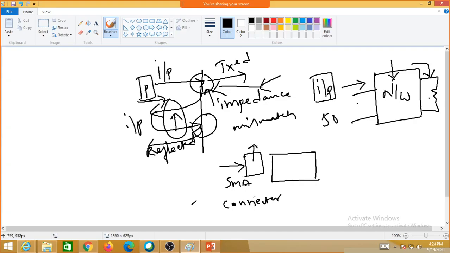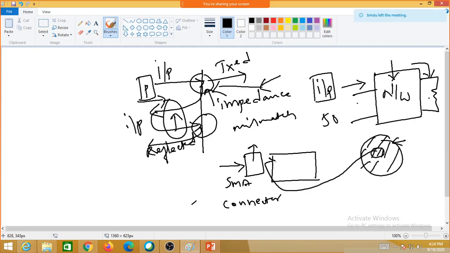As I said, there is an inner conductor and an outer conductor, and between them there is the dielectric. This inner conductor we can match into one conductor of the transmission line, and the outer conductor we can take into the other conductor of the transmission line.